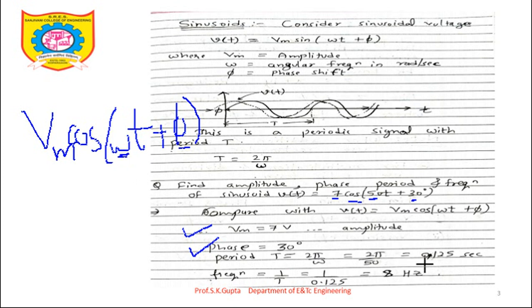So 2 pi by 50 comes out as 0.125 seconds. Also we have to determine the frequency, and frequency and time period are reciprocal. So 1 by T, 1 upon 0.125, the value comes out as 8 hertz. So this is the frequency in hertz, and omega is the angular frequency in radian per second.